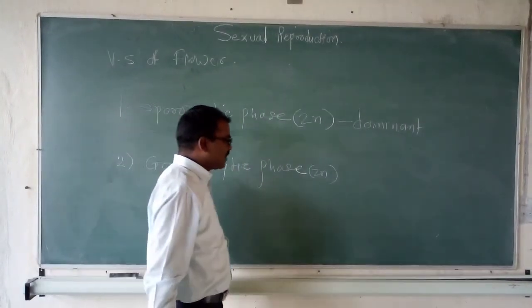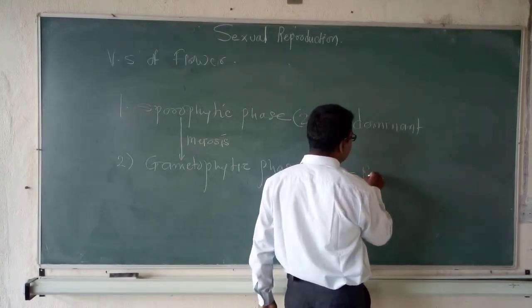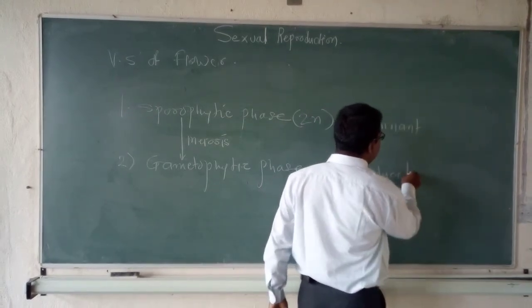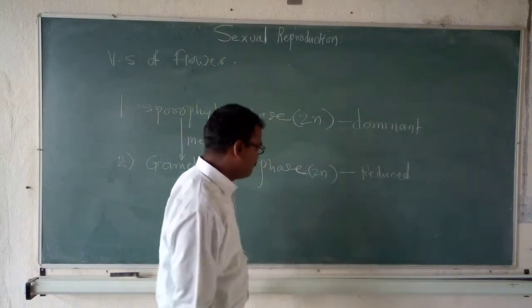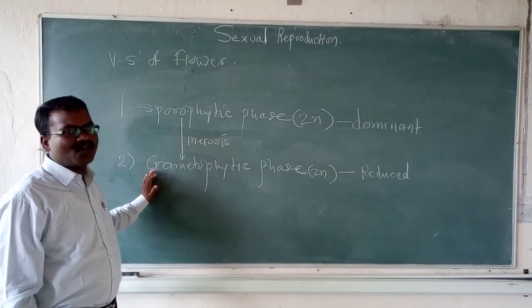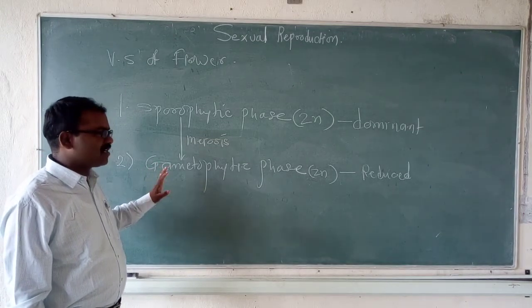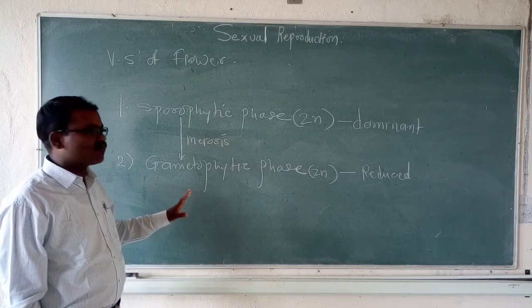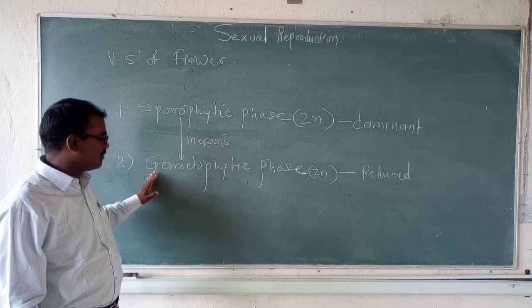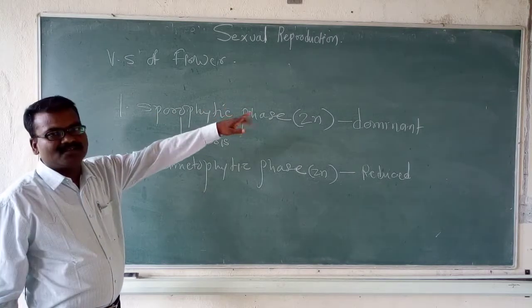The gametophyte phase is a very reduced and microscopic phase in the life cycle of the plant. Only the male gamete and female gamete are formed. These are the microscopic and reduced phase, while the sporophytic phase is diploid and dominant.